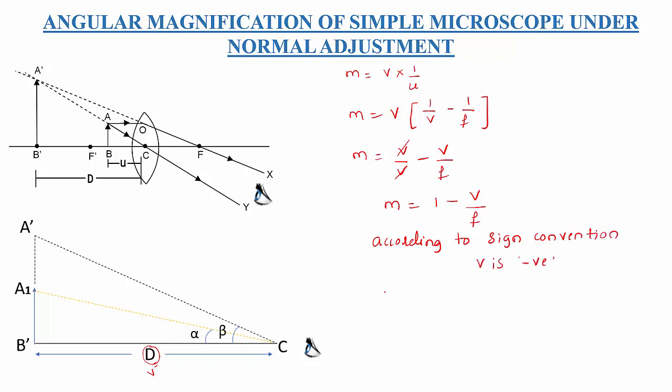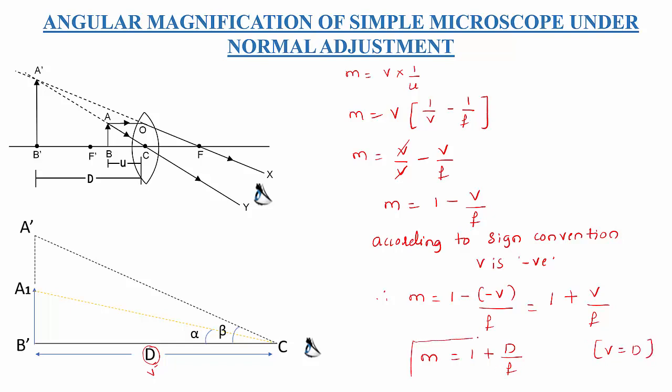Right? So the above equation will become M equal to 1 minus of minus V divided by F, or we can write 1 plus V divided by F. Or in place of V, I can write the least distance: M equal to 1 plus D divided by F, because the image is formed at the least distance.